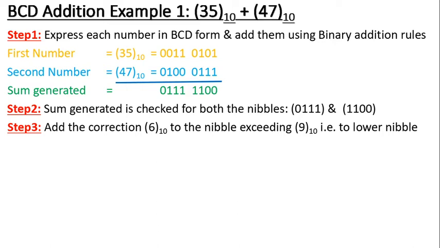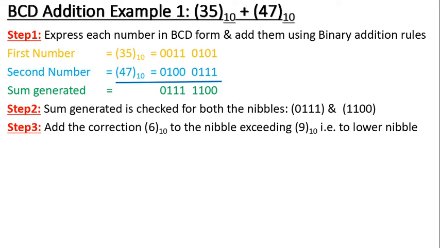The difference between these two bases is equal to 6. So whenever correction is to be carried out, in case of BCD addition by addition of 6 decimal, or in case of BCD subtraction by subtraction of 6 decimal, from the nibble which is exceeding 9, the correction can be properly done. That is what is stated in step number 3.